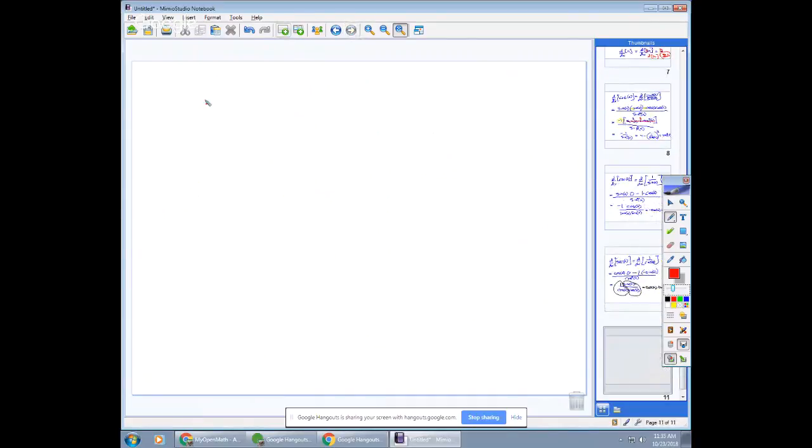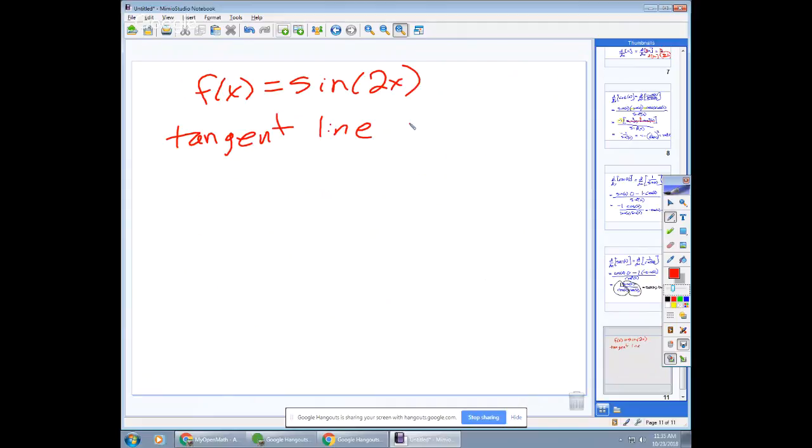So we're going to consider the function f of x equals the sine of 2x. And we're going to find a tangent line at x equals pi over, I think 3 is what I was excited about earlier.